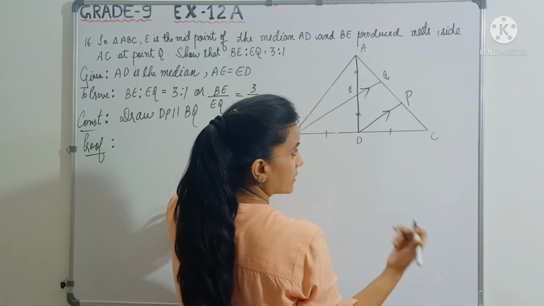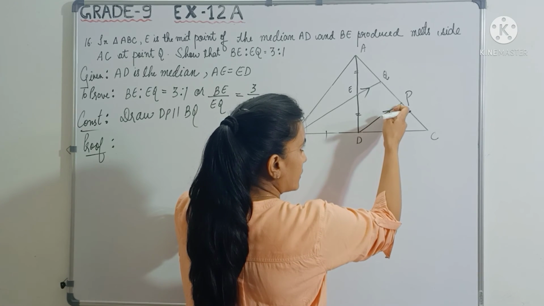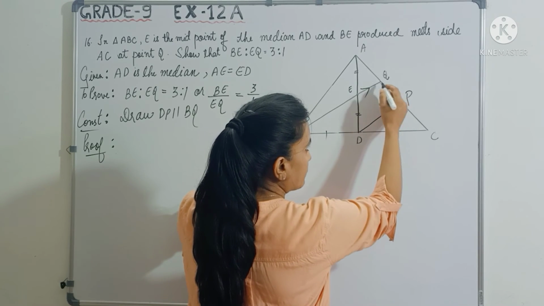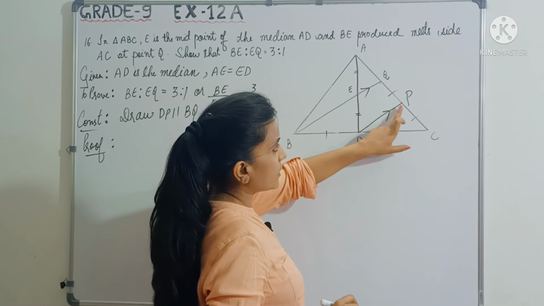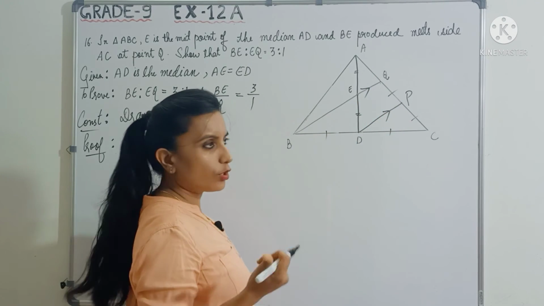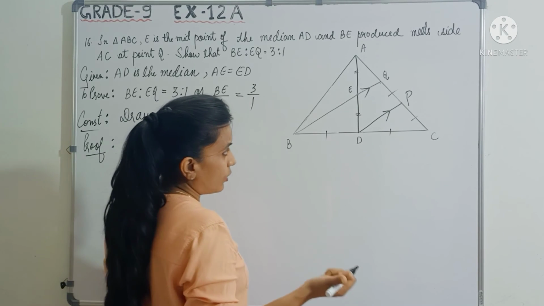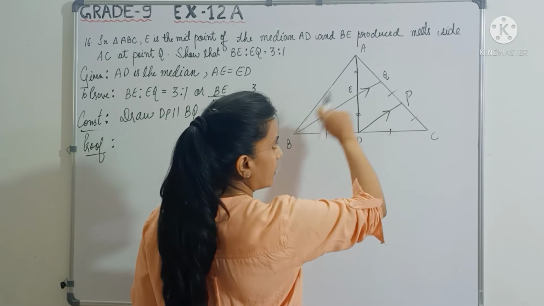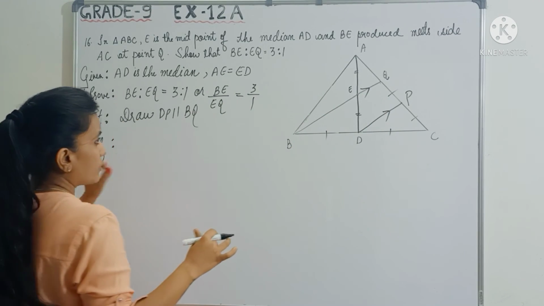This implies from the converse of midpoint theorem, even DP will bisect CQ, right? So P will be the midpoint of CQ. So CP is equal to PQ. Correct? We got some information. Now also DP will be equal to half of BQ.